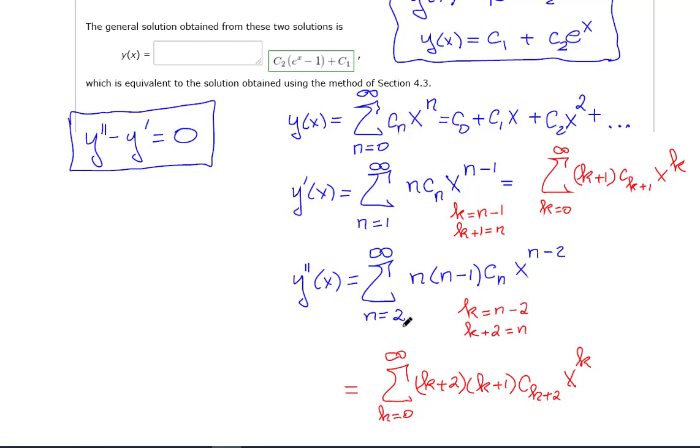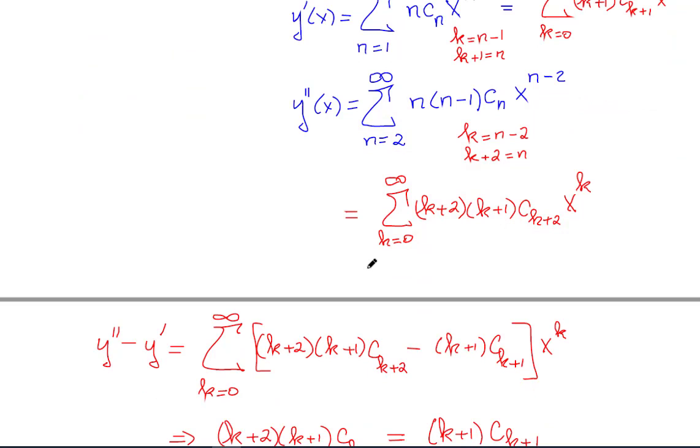So to keep everything with a similar index, I re-index things. And so if I let k be n minus 1, that says k plus 1 is n, and so then I could relabel. Alright, so let's take a look.